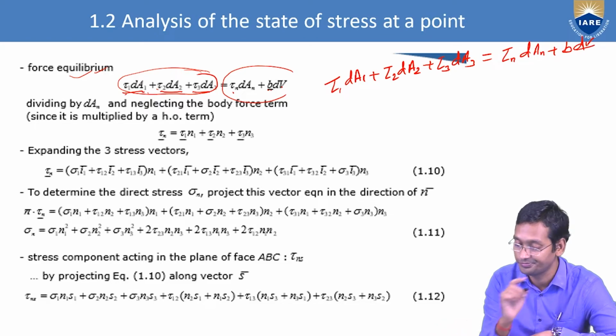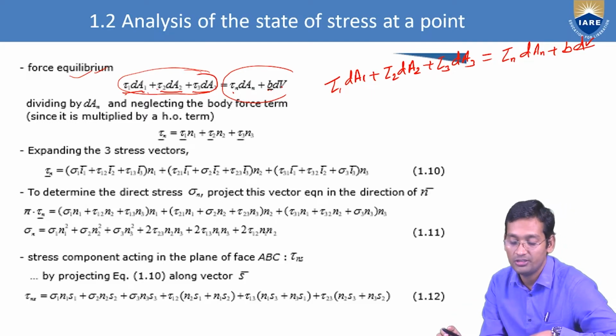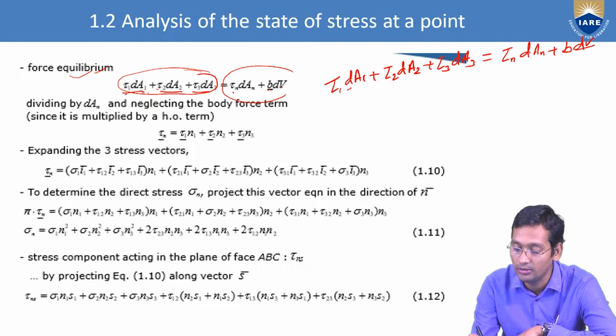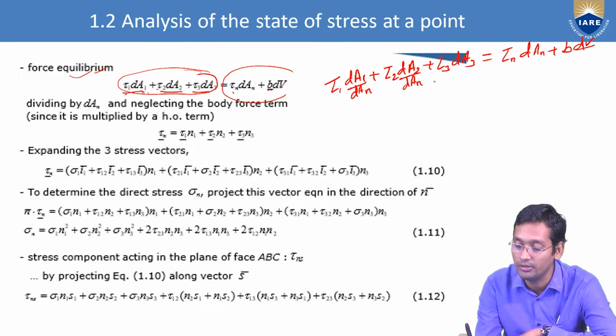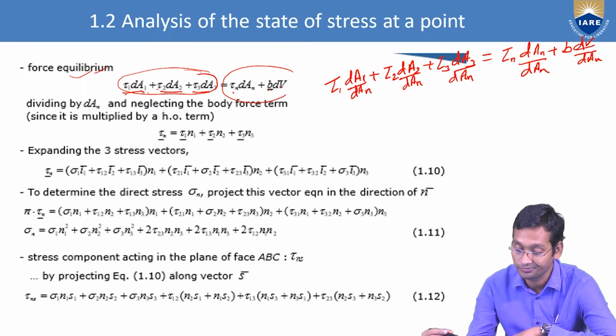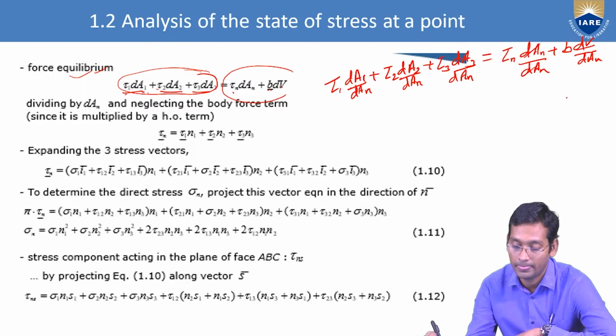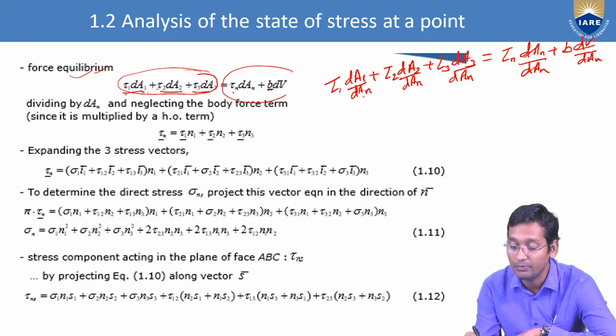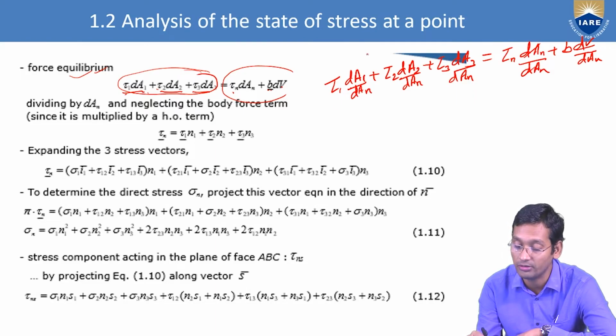Now divide both sides by dAn. So here dA1 by dAn, here also dA2 by dAn, dA3 by dAn. Now just see here what happened. This will get cancelled. Now dA by A will give you what? Unit vector in the direction of n component. So this will be your tau 1 and this will give you the unit vector n1.